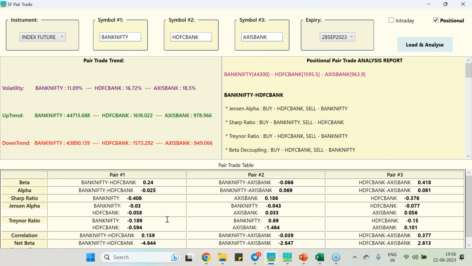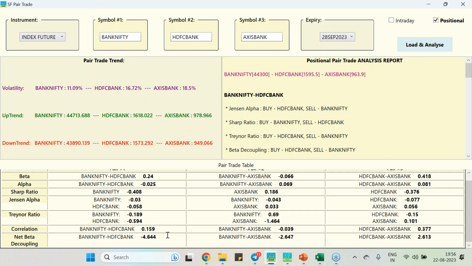Not only the beta decoupling, it has all the ratios I have named: beta, alpha, Sharpe ratio, Jensen's ratio, Treynor ratio, correlation, everything is taken. It gives you a study of where they are standing: negative, negative, positive for HDFC, and Axis positive. HDFC is independent and Axis is dependent.